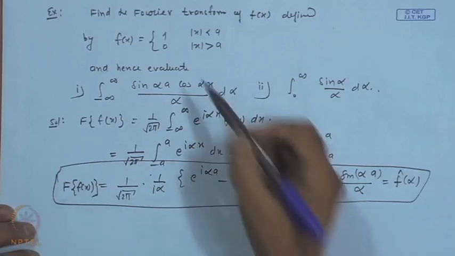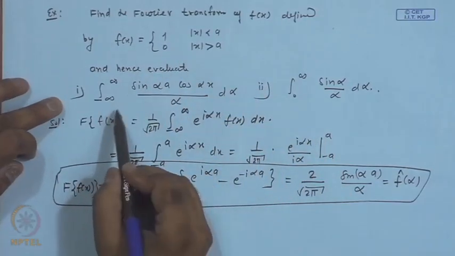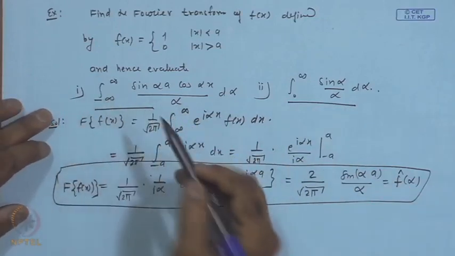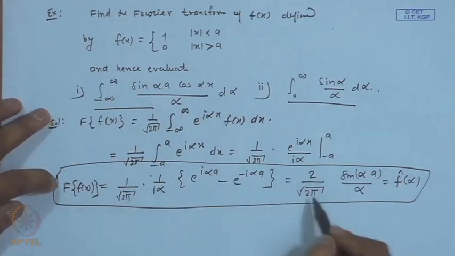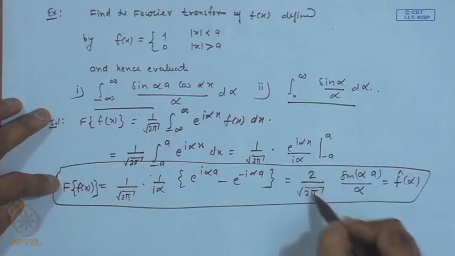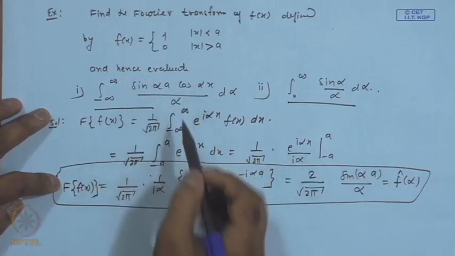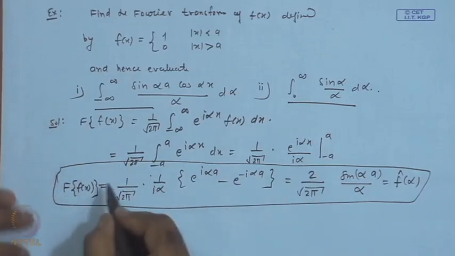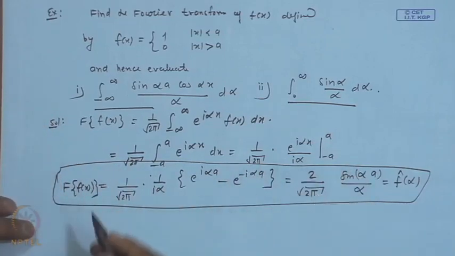Okay, now we go for the evaluation of this integral. We have two integrals there, and always with such integrals we can take the Fourier inverse transform, and this factor will then sit inside the integral, and we know already that f(x) is equal to that integral, so we can get the value.